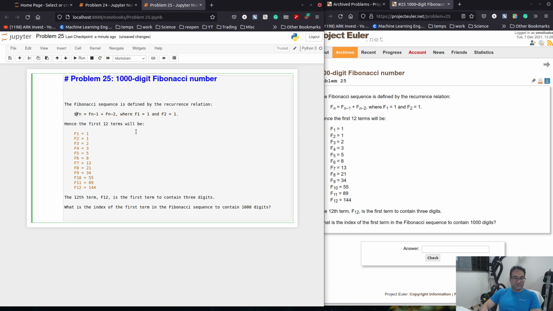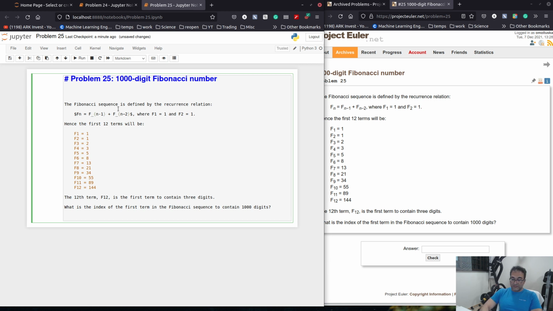This is an equation. That looks like that. Oh, n minus 1.